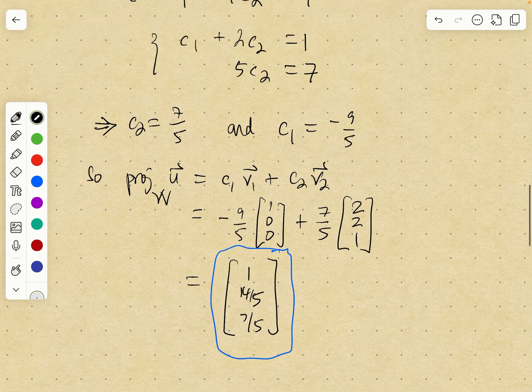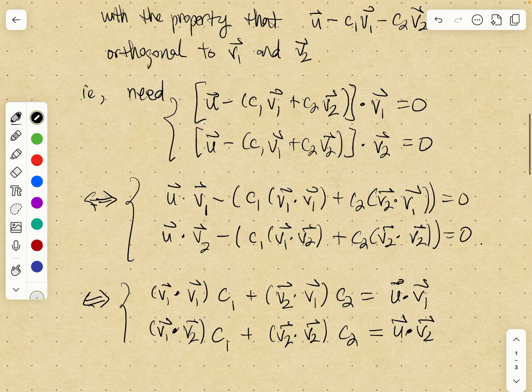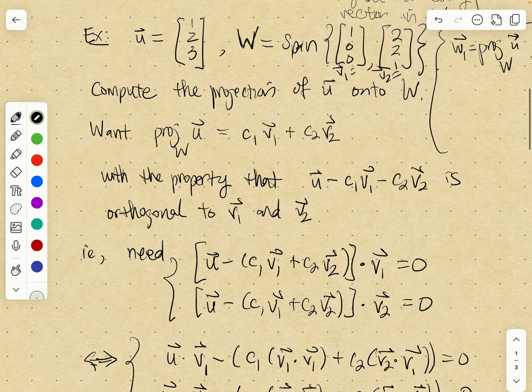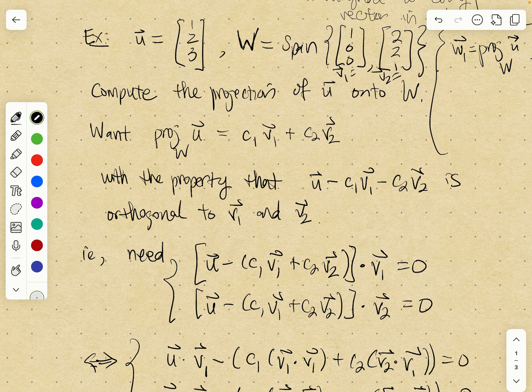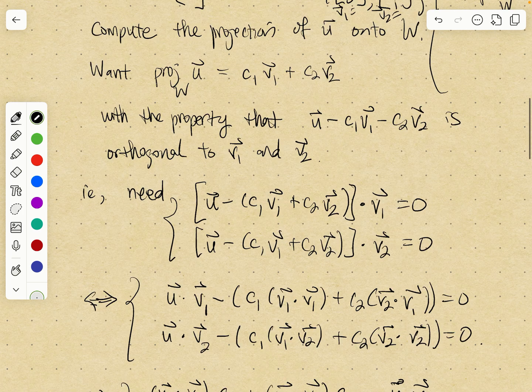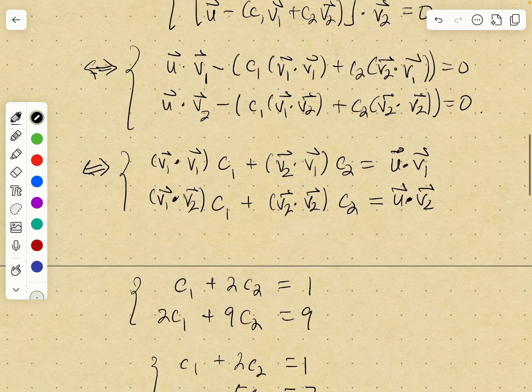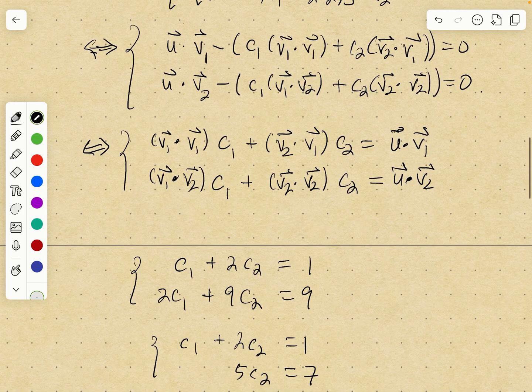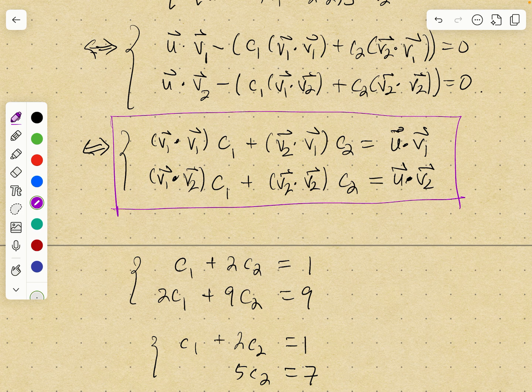Now, if you look back at the calculations we did, we had a system of linear equations to solve, here, this system. Now, suppose, in this example, v1 and v2 were just random, but suppose that v1 dot v2 were equal to 0.